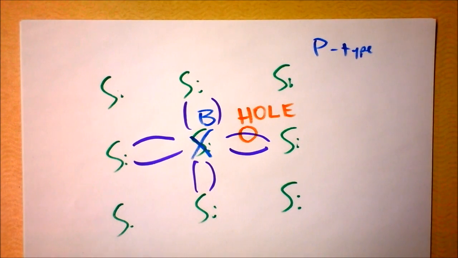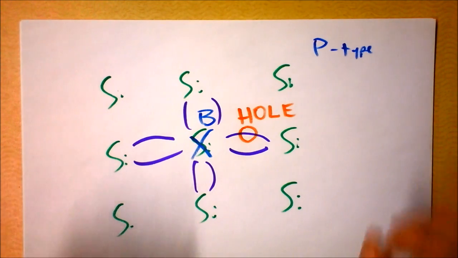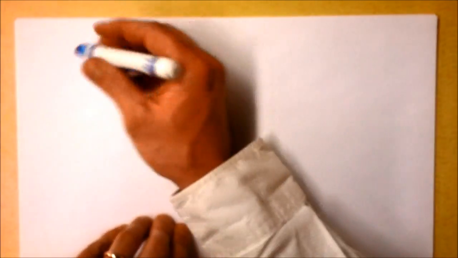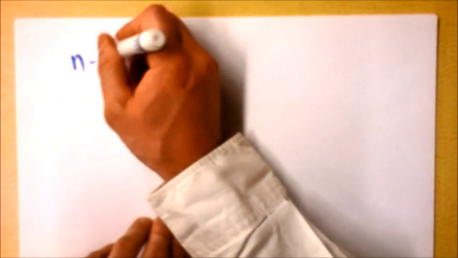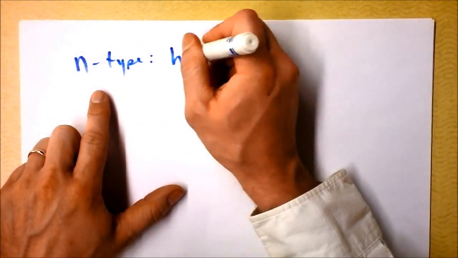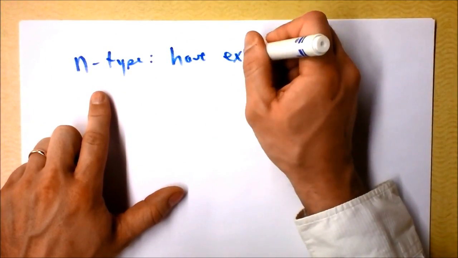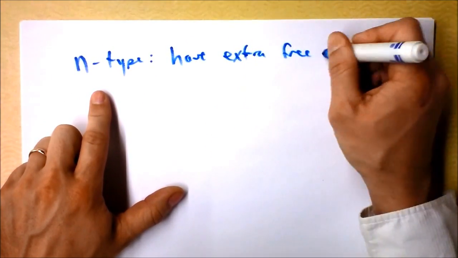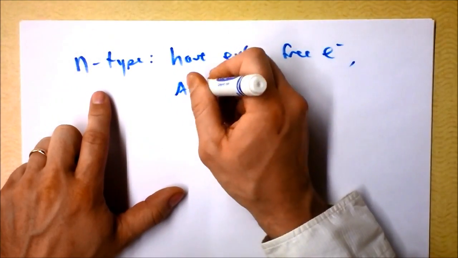So the thing is, if we dope silicon, let me start making this a little bit more beautiful here. If we dope silicon, N-type, let's make a little summary. N-type semiconductors have extra free electrons, and they like it.